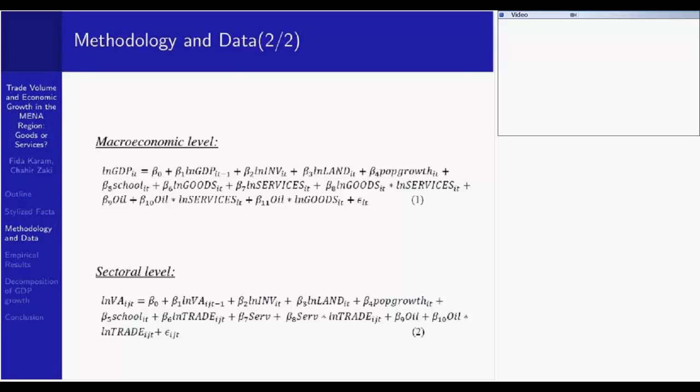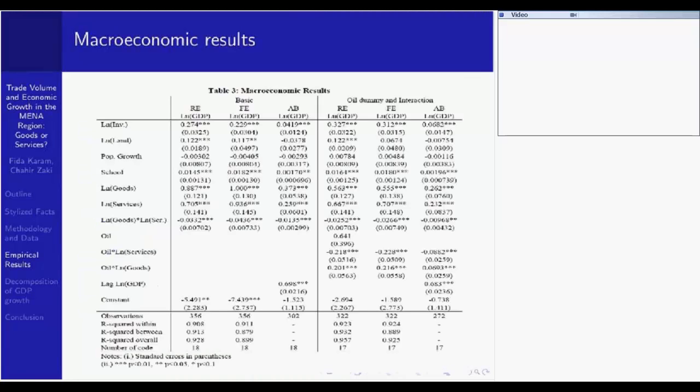For the empirical results, as you can see in table 3, we have some classical results in terms of investment, population growth, and schooling. So investment is positive and significant, schooling is positive and significant as well, and both trade in goods and trade in services are positive and highly significant regardless of the way we estimate the equations, whether we use random effects, fixed effects, or even the dynamic panel using the Arellano-Bond technique.